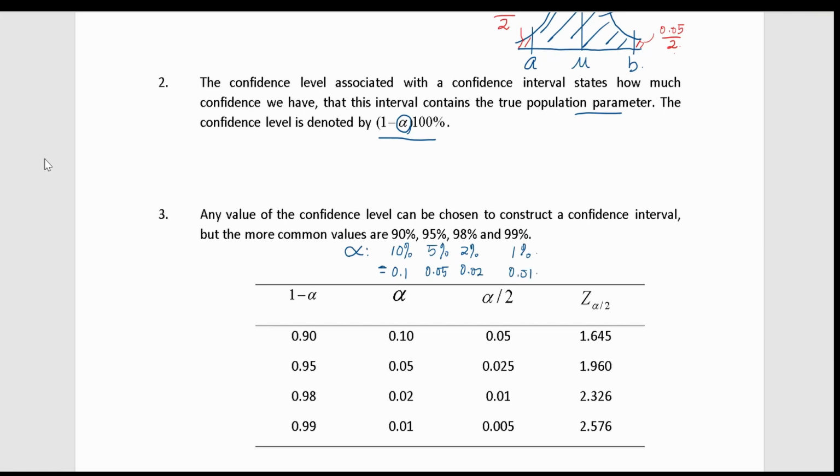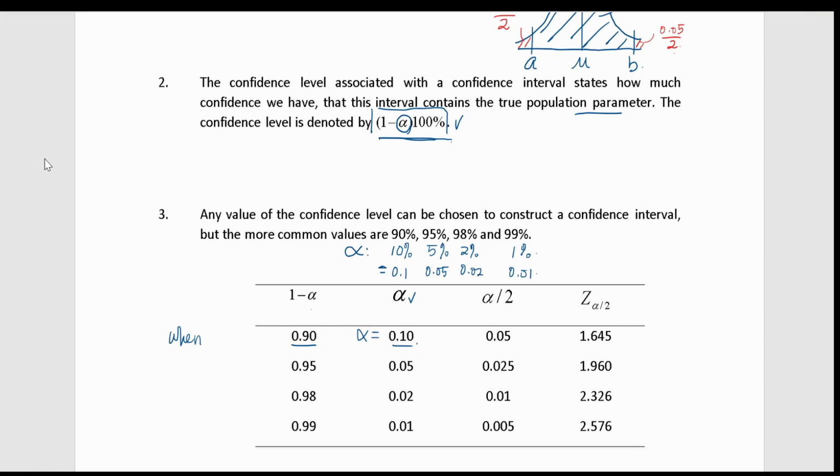So when alpha equals 0.1, 1 minus alpha is 0.9, and when you multiply by 100%, that is how you get a 90% confidence interval. That is the meaning of alpha.